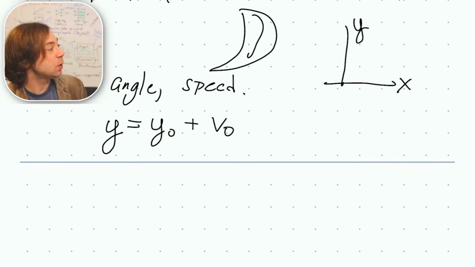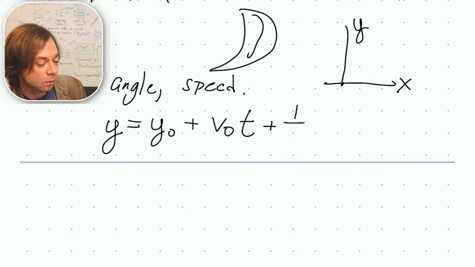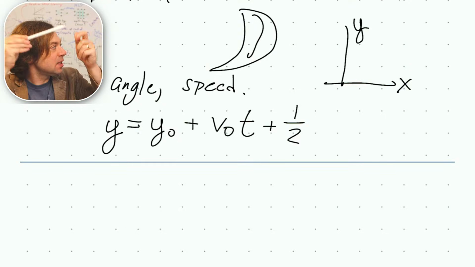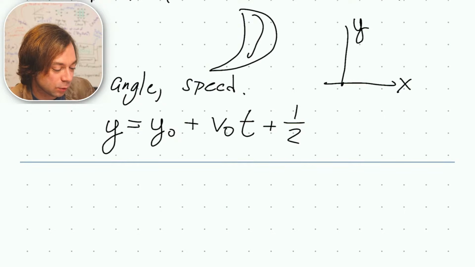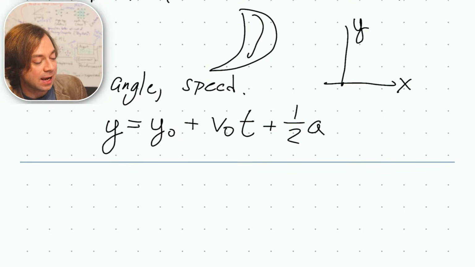I need to know how much time it has been in the air, t, plus 1/2 times the acceleration of this object. If it's in the air going up and down, it's accelerating due to gravity. So we'll put the acceleration here as some a times the time it's been in the air squared.